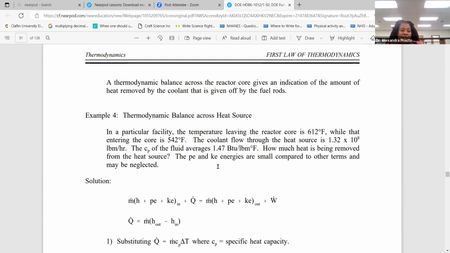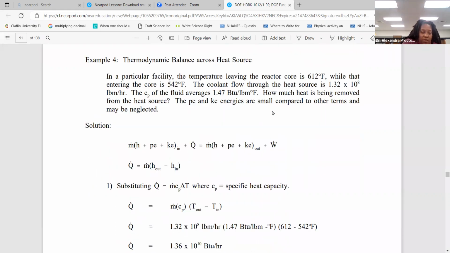A thermodynamic balance across a reactor core gives an indication of the amount of heat removed by the coolant that is given off by the fuel rods. So they give you another example: the thermodynamic balance across a heat source. They say in a particular facility, the temperature leaving the reactor core is 612 degrees Fahrenheit, while entering the core is 542 degrees Fahrenheit.